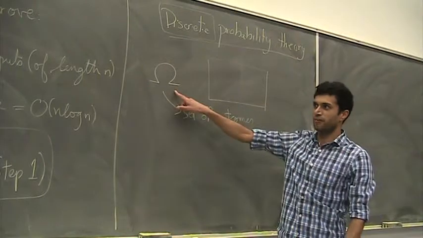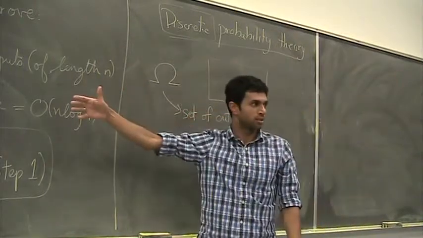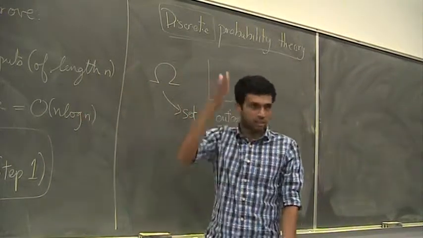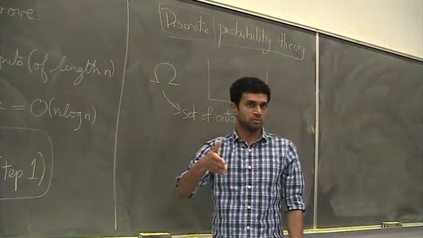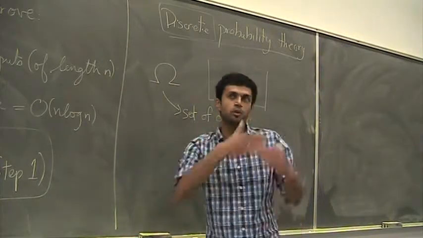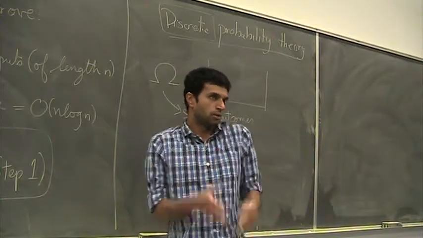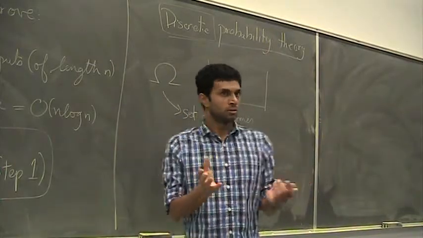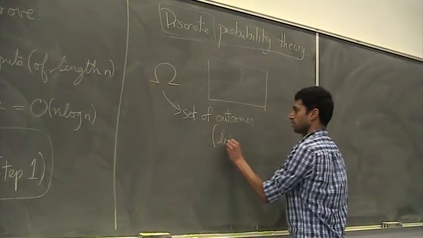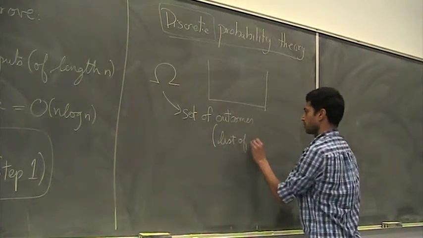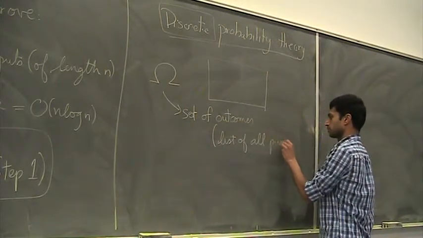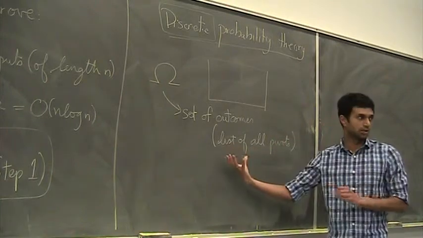If you think about this random process, each step is choosing a pivot. So suppose I just wrote down all the pivots that this algorithm chose. Those are the outcomes. This is a list of all pivots. That's the set of outcomes.